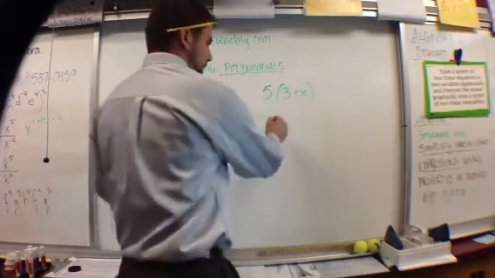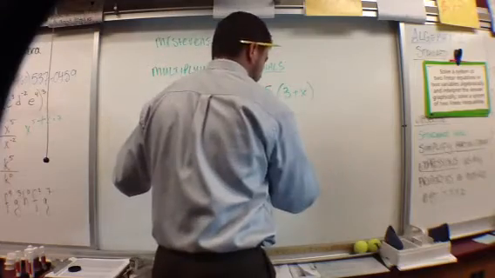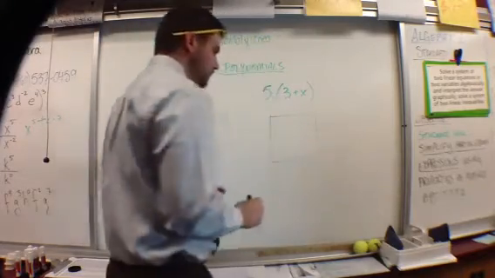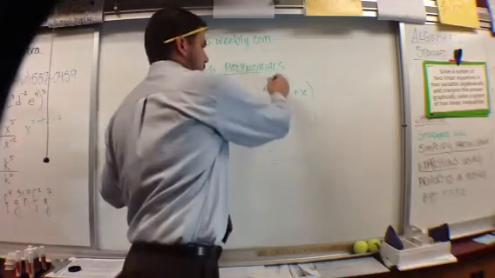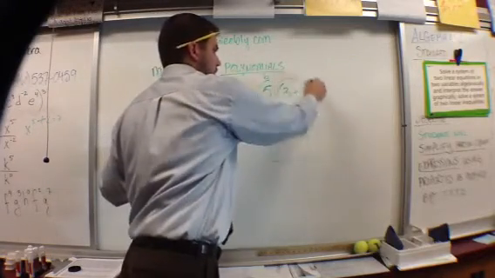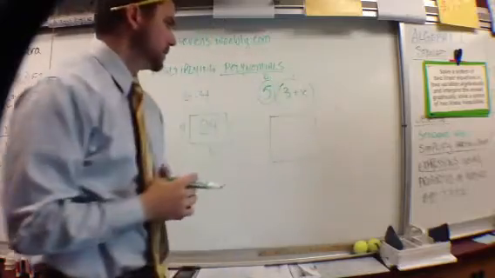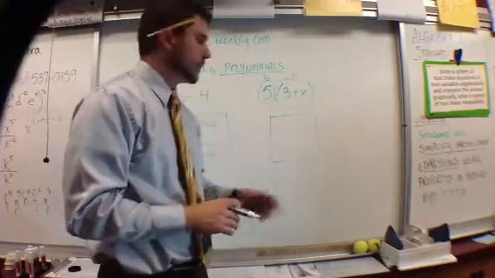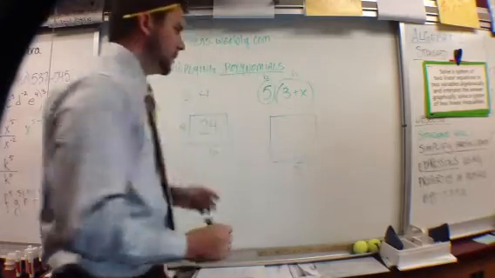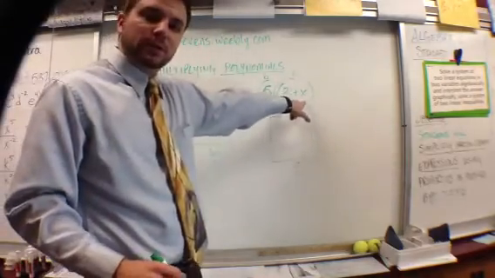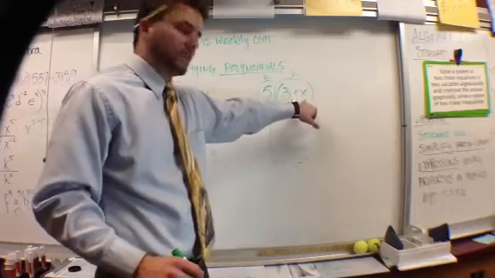What I'll do is I'll set up the rectangle just the way that I did in the last problem. And one of these is my base. We'll call this one my base. We'll call this polynomial my height. So my base is 5. My height is separated into two different terms, 3 and a positive x.